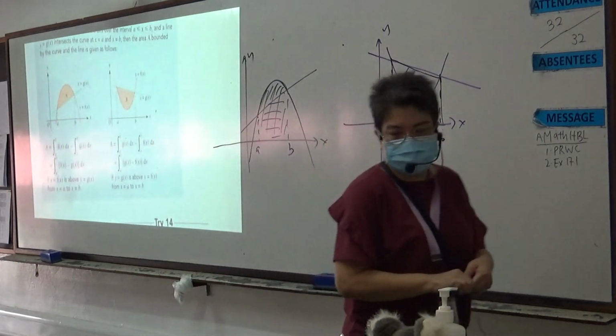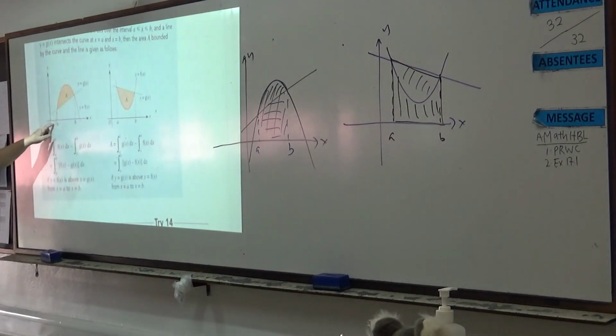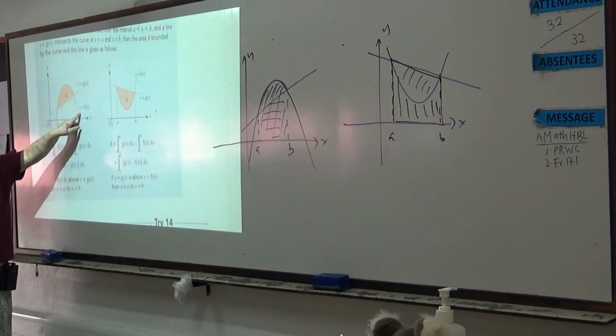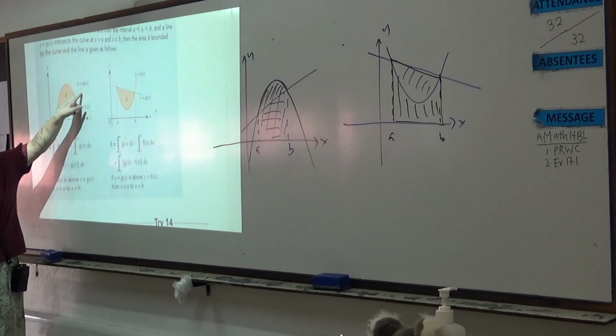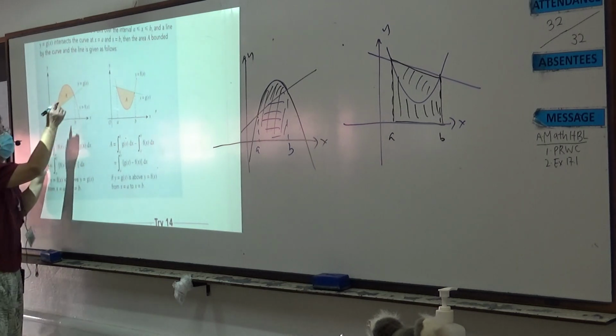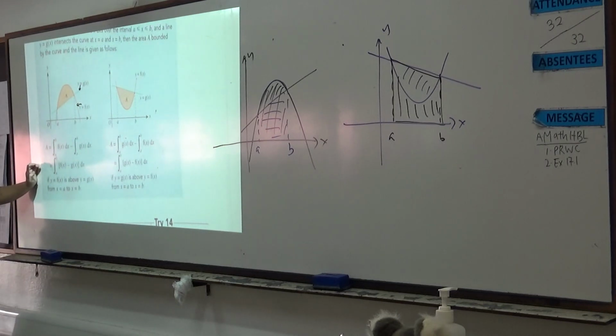Now let's take a look at this particular point here. If you look at this one, can you see this g(x) is above this f(x)? Oh, I'm sorry. This g(x) is this line. I mixed it up, I misread it.